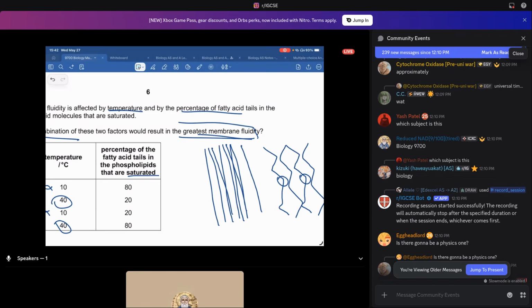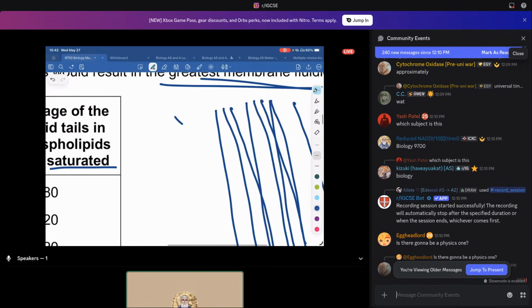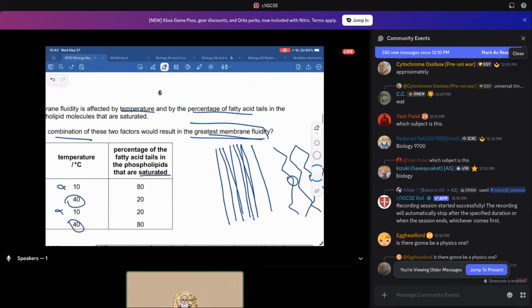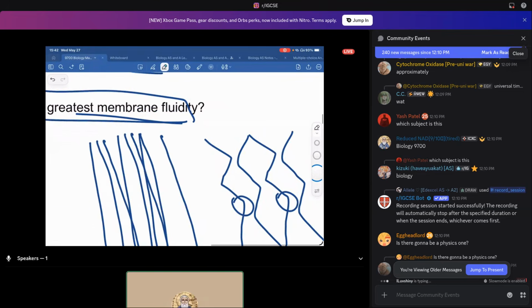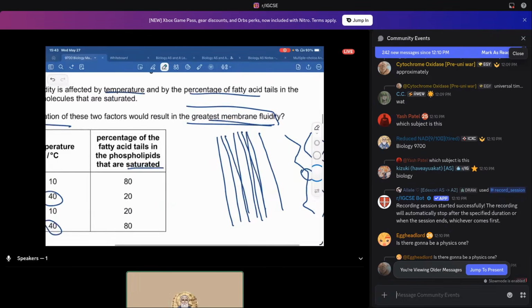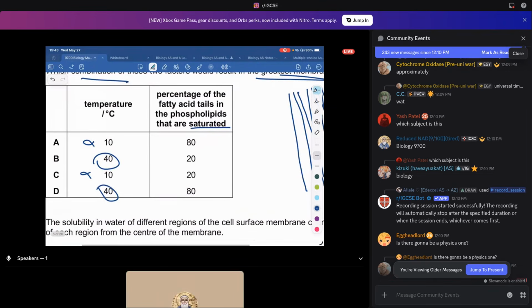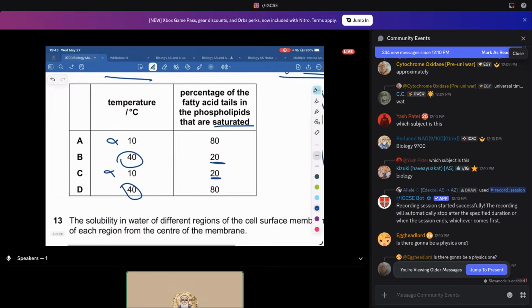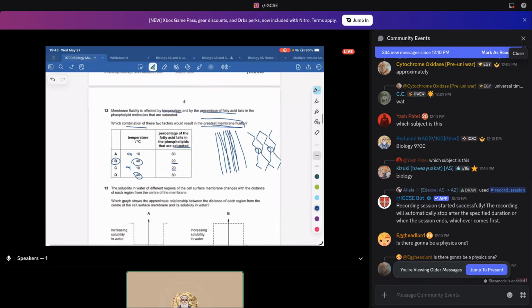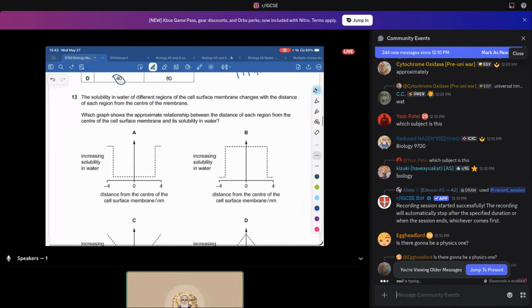A straight line in brackets, because it's actually a zigzag line, bond angles and whatnot. But with kinks, it's much more spread out, much more space between the fatty acid tails, so greater fluidity. So we want less saturated and more unsaturated. The answer is B.